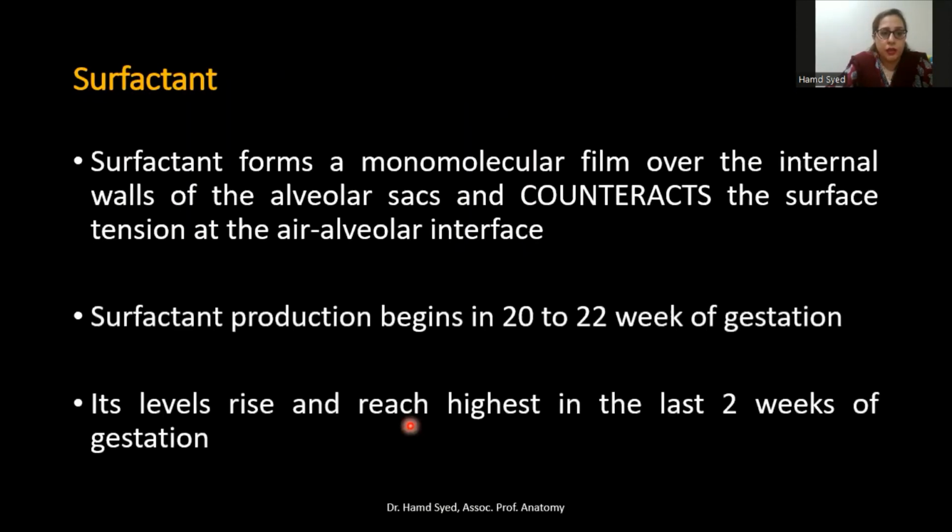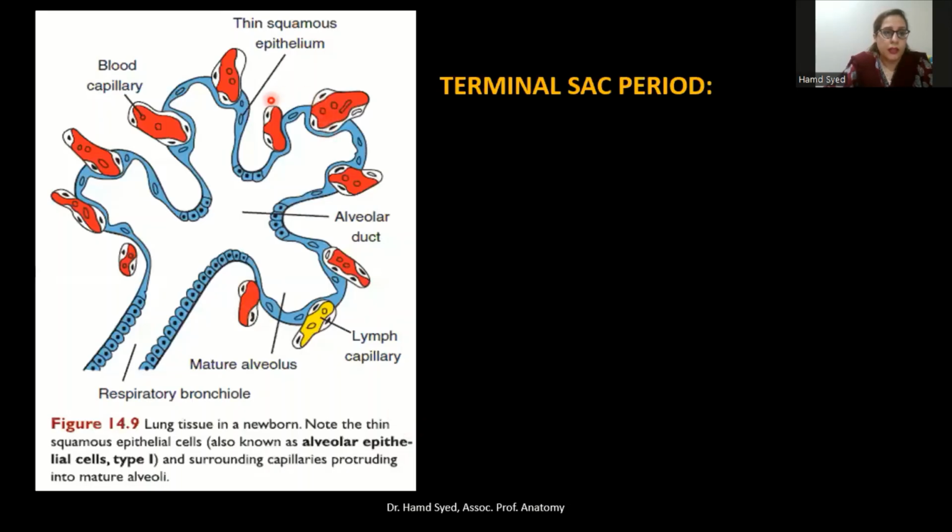And in this stage, you can see that all these capillaries have established close and intimate contact with these flattened epithelial cells, which are type 1 epithelial cells or pneumocytes. And now the gaseous exchange is possible. Between them, these cuboidal cells, the type 2 pneumocytes, are surfactant-producing cells. Their quantities are also now sufficient to support the survival of the fetus.